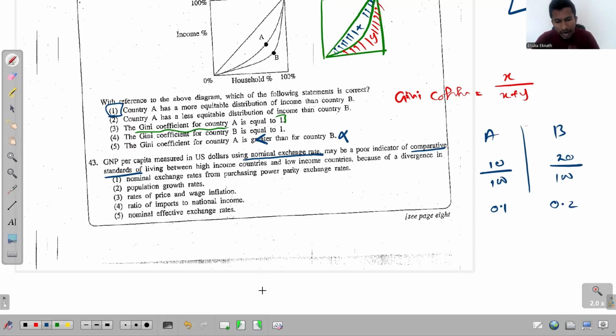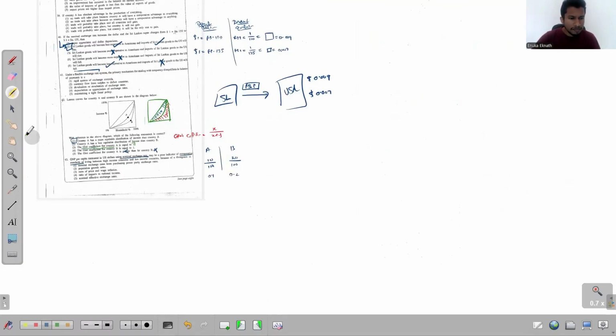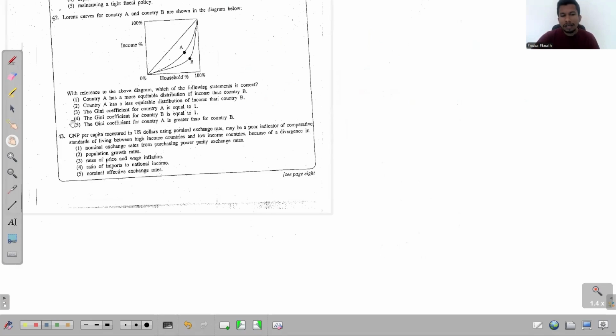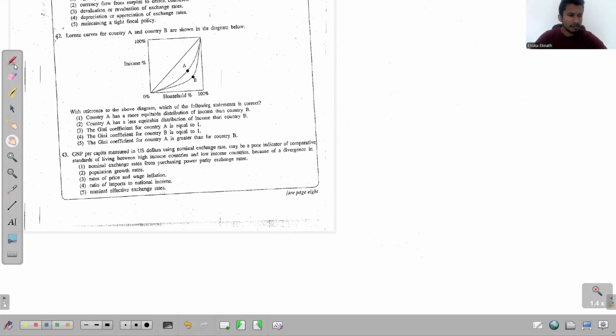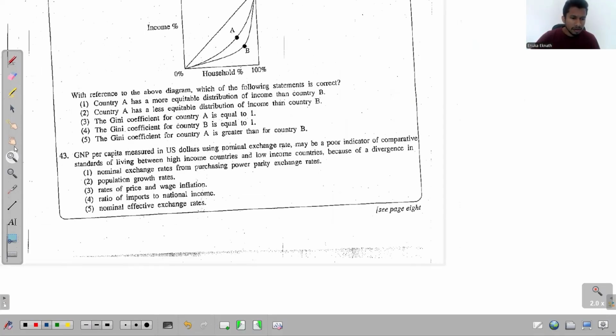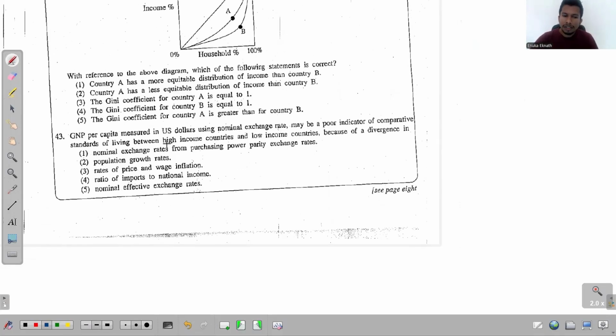All right, so to find the answer for this question, we will have a discussion this way. Just imagine that in USA, the GNP per capita is this much.